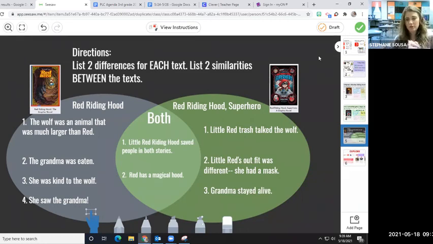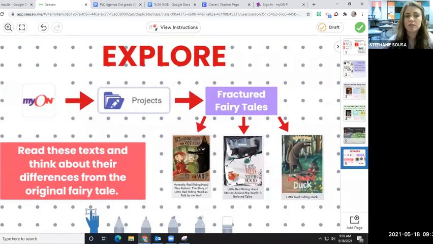Ladies and gentlemen, your task today is to explore other fractured fairy tale versions. Okay, so on Mayan, you're going to again go to that projects that's floating at the top that I showed you yesterday. And inside of that projects are 3 other Red Riding Hood fairy tales that I'd like for you to read.